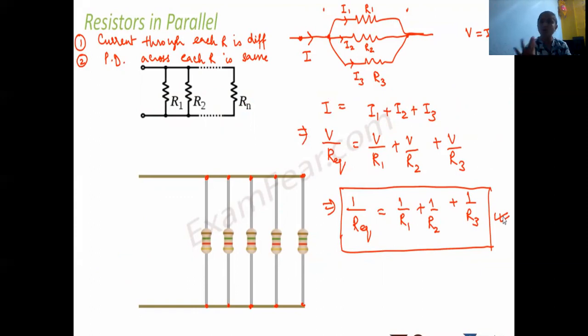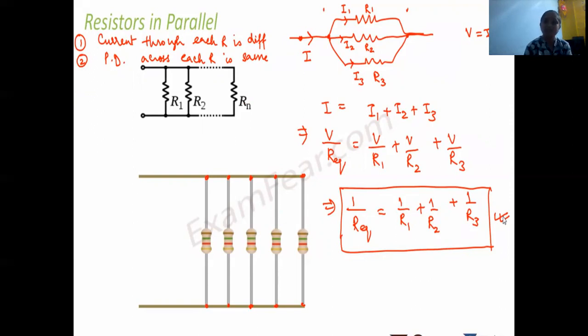Two or more resistors are said to be connected in parallel if the same potential difference exists across the resistors.